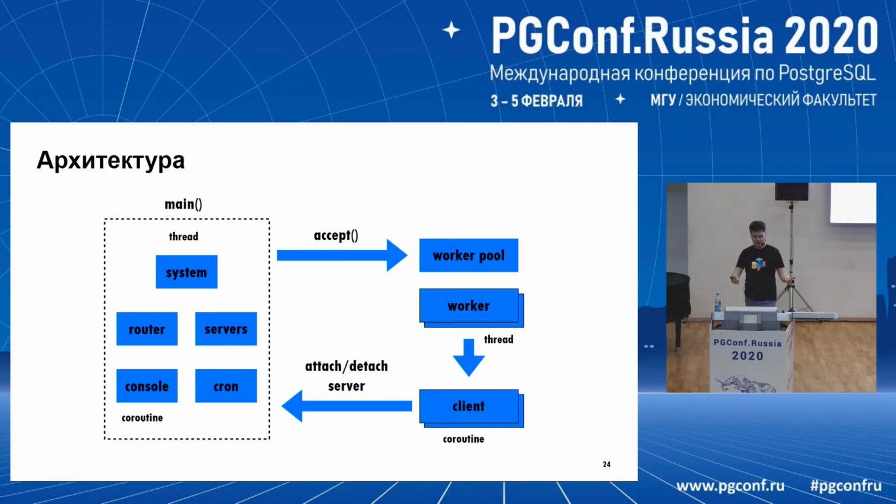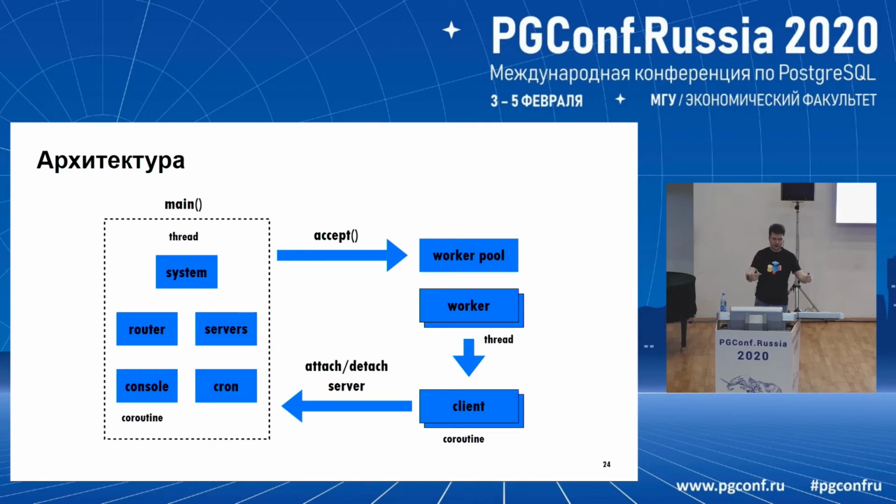Thanks to this coroutine approach, when we give the control not through return but through the calling of a function like read data or sleep, the work of one machine on servicing one client is not described by the state of the service, but by the following call sequence. So you have to wait for the startup packet to come, then you have to wait for the authentication to come, then you have to wait for the first byte of the first request, and then you have to ask for the server connection, then you have to pass it to the server connection.